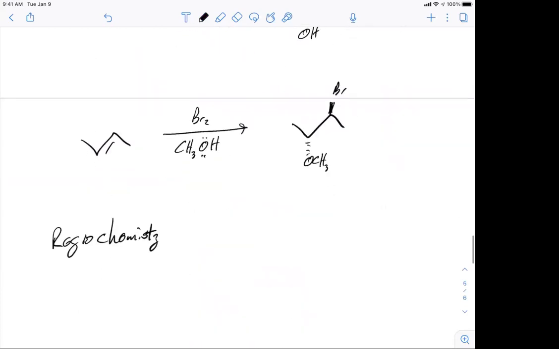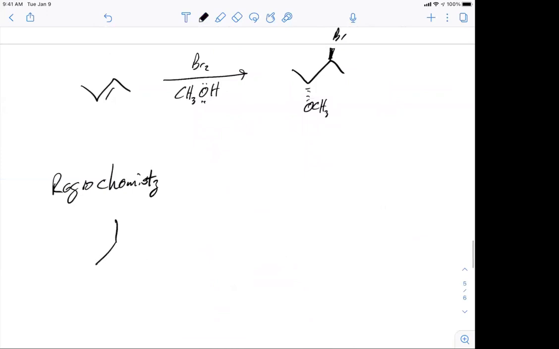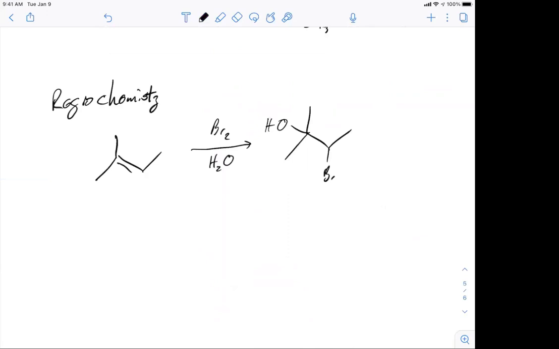Now we need to look at regiochemistry. And what we see is that the water adds to the more substituted side.